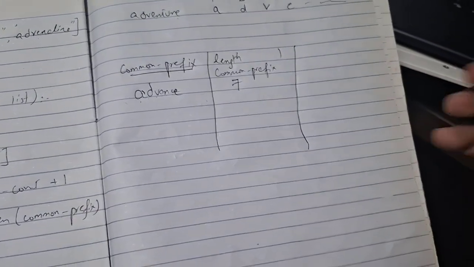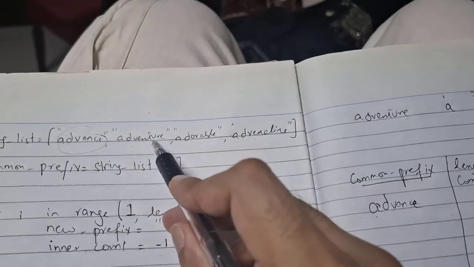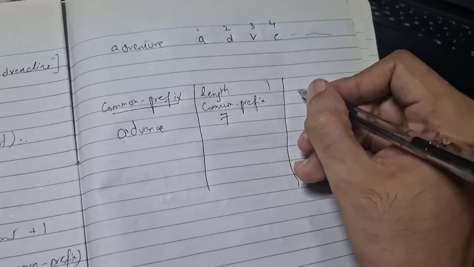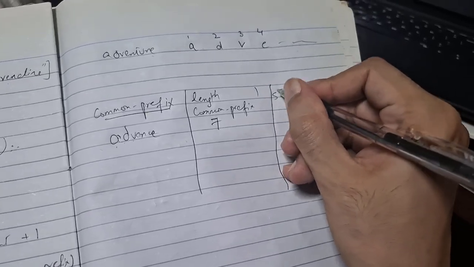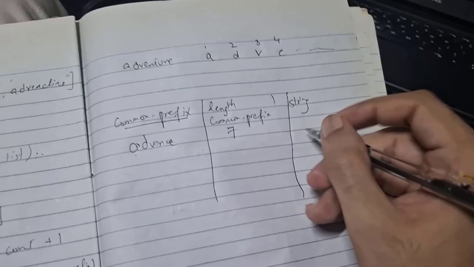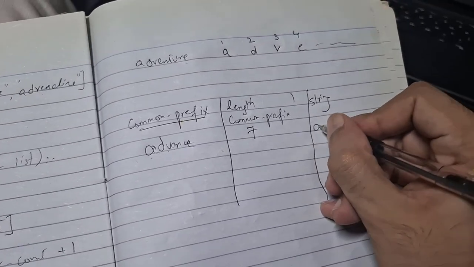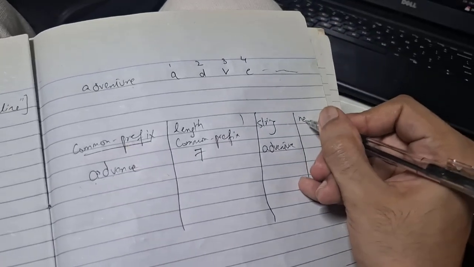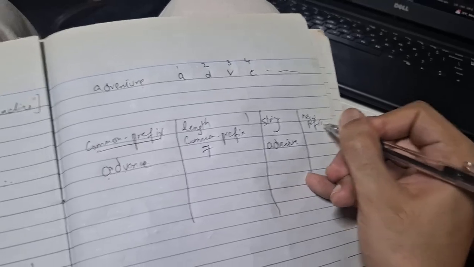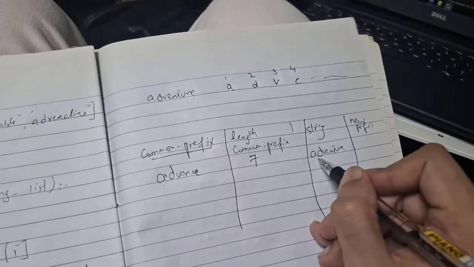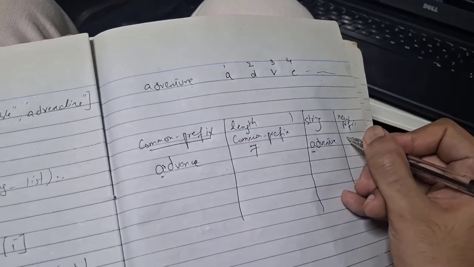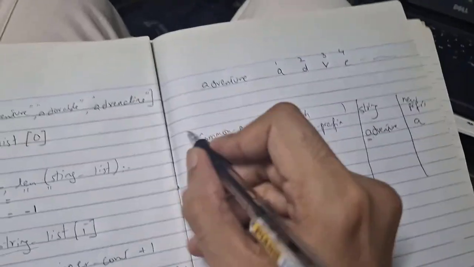Now we would be comparing adventure with advanced. So the string we get from the first index is adventure, and the new prefix would be, if we compare advanced with adventure in the first iteration, A is common, so the new prefix is A, right?